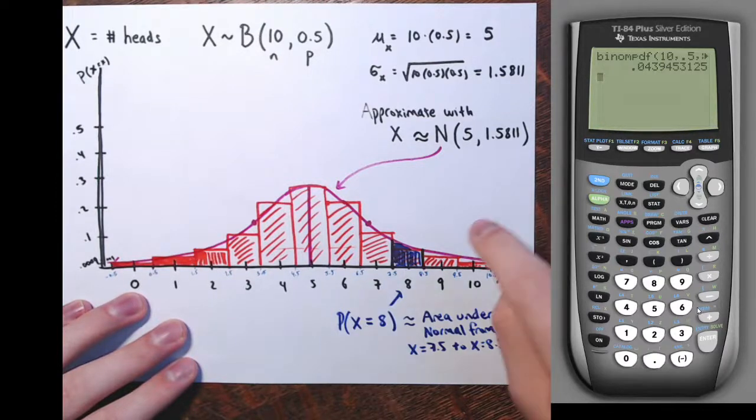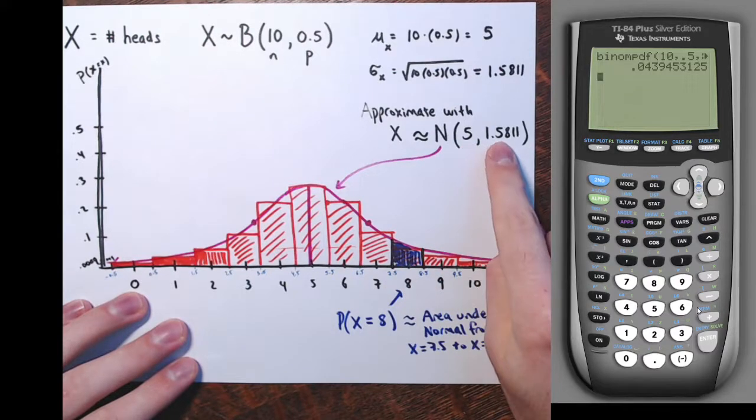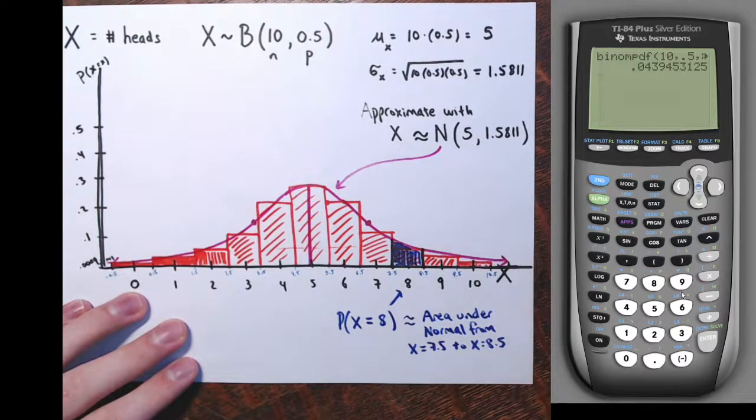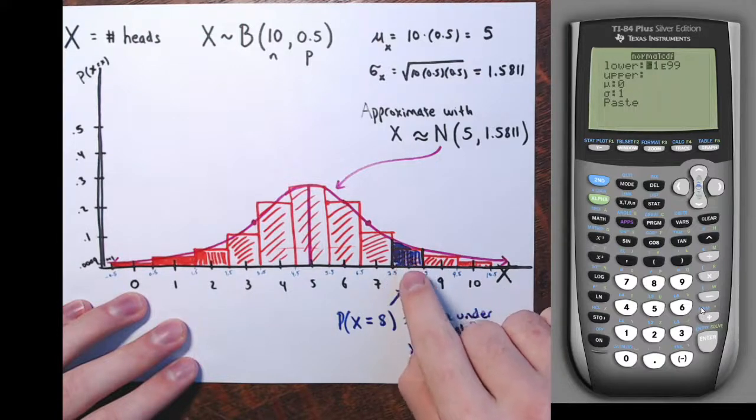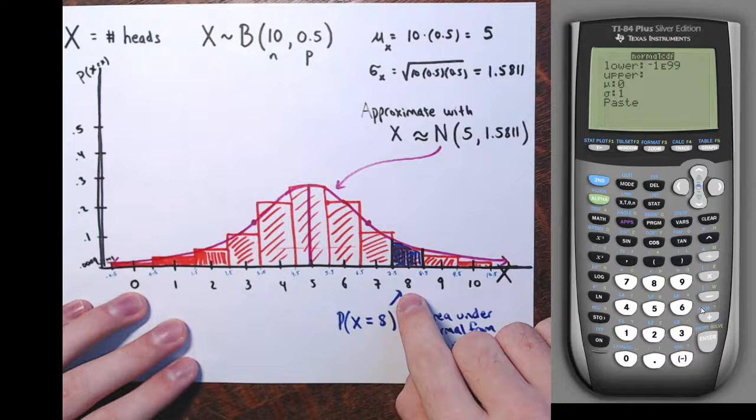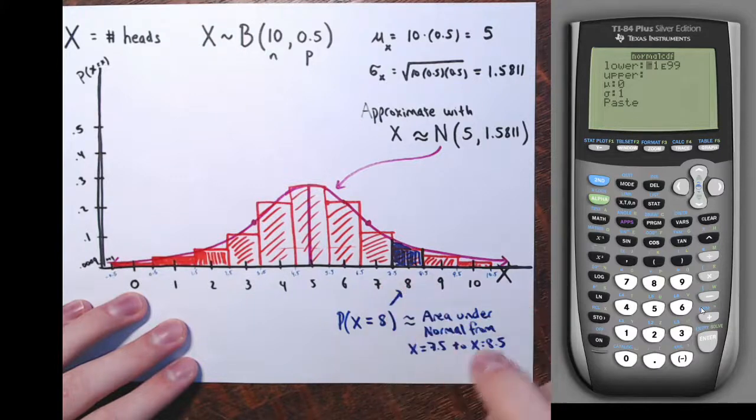Now, let's find the area under this normal curve with the mean of 5 and the standard deviation of 1.5811. So that was, remember, distributions. You want to find area under a normal curve. That was normal CDF. Now what's the lower value in this region, the area I've shaded here? Again, if I want the probability of exactly 8 successes, I'm going from 7.5 to 8.5.